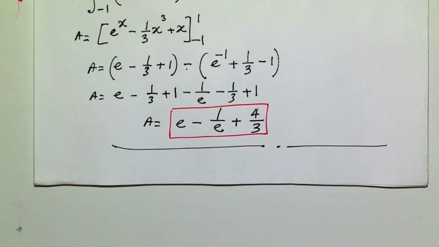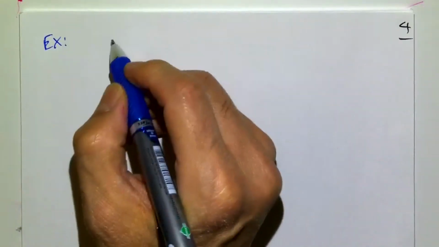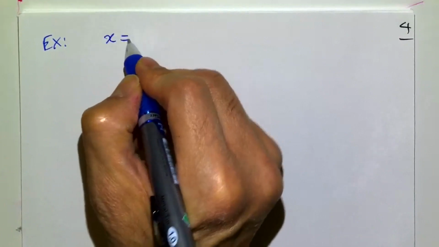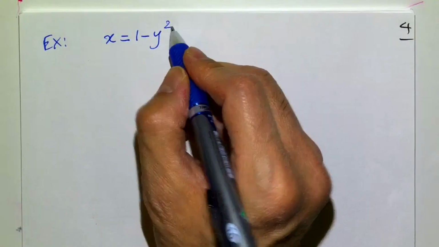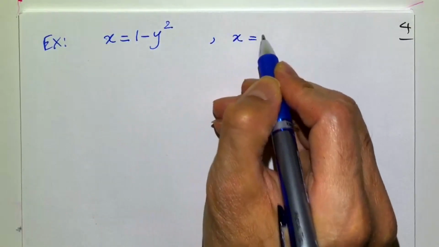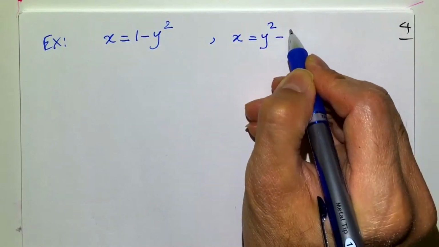Let's do another example. Suppose we want to find the region in between these two curves: x equals 1 minus y squared and x equals y squared minus 1.